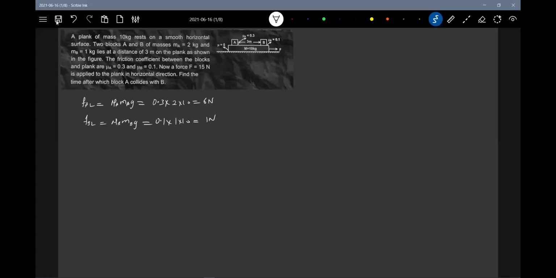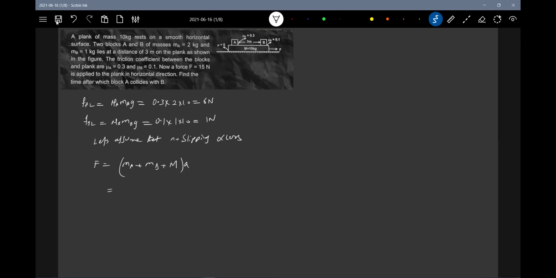Let's assume that no slipping occurs. Then F is equal to (MA plus MB plus M) into acceleration a.